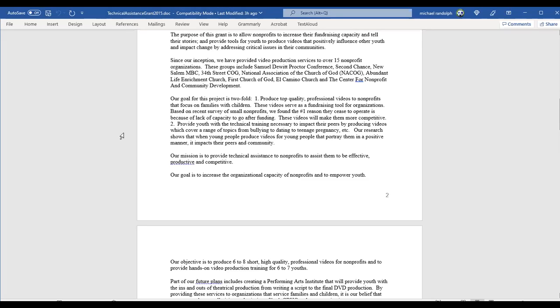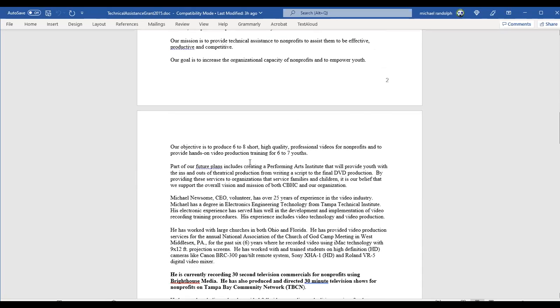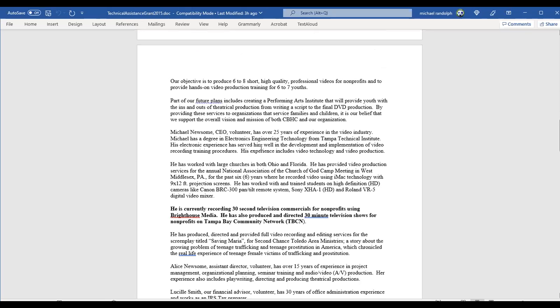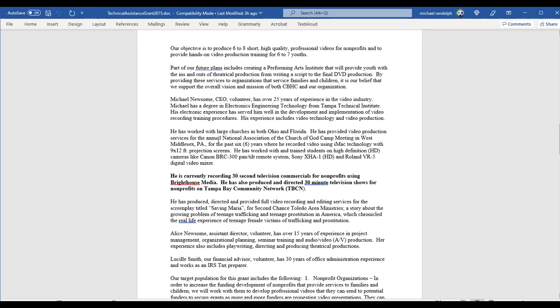Okay, let's continue on. They continue to talk about that twofold objective. The CEO talks about his background, and he works with a lot of churches. His current job prior to this was doing video for churches.